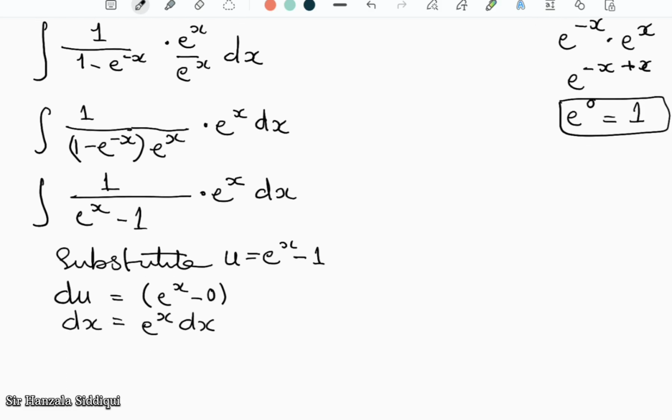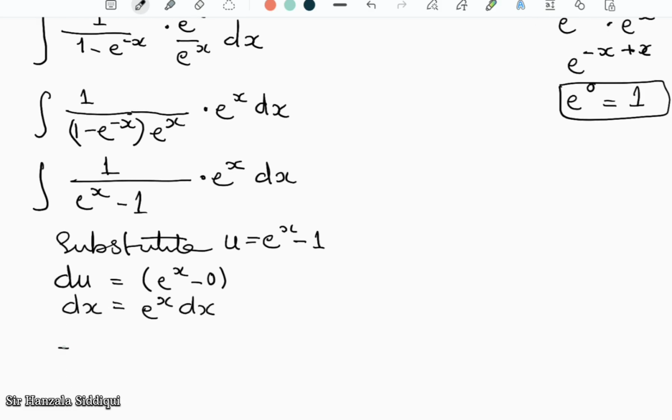So when we substitute here, e to the x minus 1 equals u, so the denominator becomes u and the numerator is also 1, and this e to the x dx equals du. Now we write du.